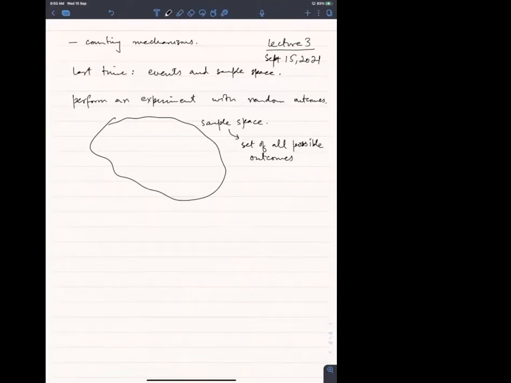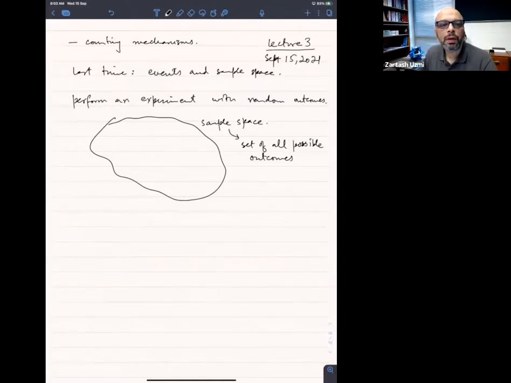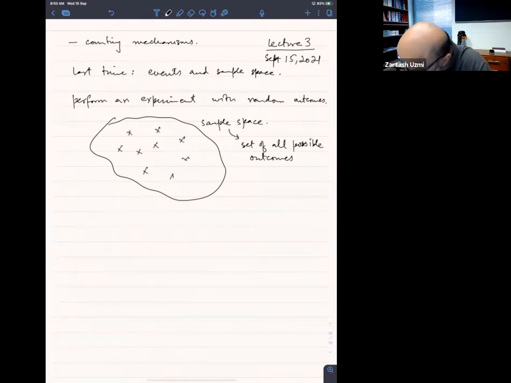Okay. I'm going to add the video here as well. Now, the sample space has different outcomes here, and the set of all possible outcomes is called the sample space. We can also define events on the sample space. And what is an event?